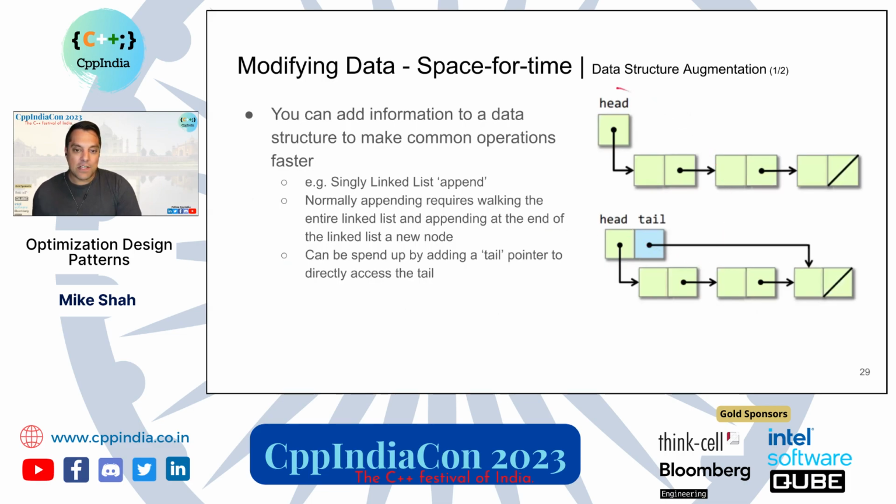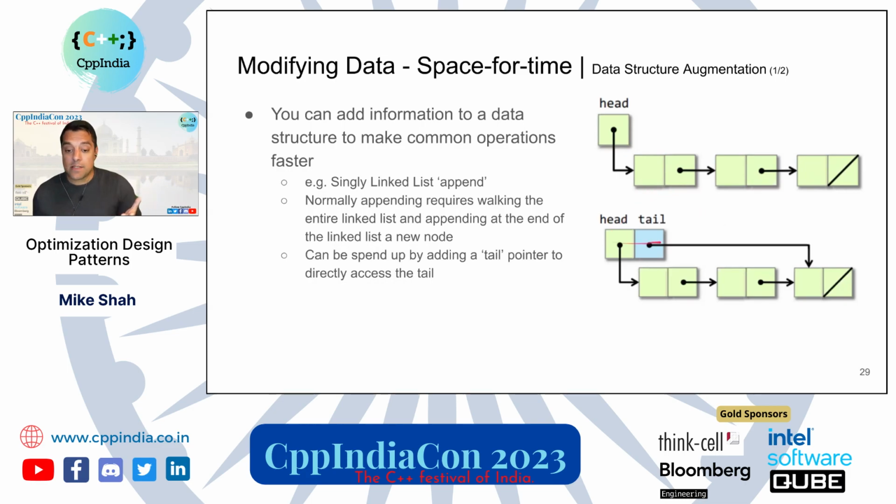Looking at these two structures here, drawing your attention to the top right, I have a singly linked list. I can get to the head of this data and then move to the next node. We do this as an exercise early on. But if I want to append something at the end, that means walking through this entire list, which of course takes a linear amount of time depending on how large that collection is.